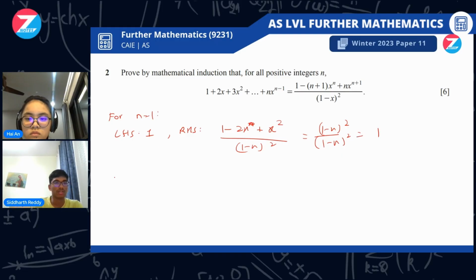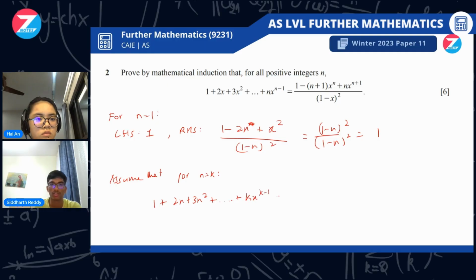Now we write the next statement, which is to assume that for n equals k, we have 1 plus 2x plus 3x² plus and so on plus kx^(k−1) is equal to (1 minus (k+1)x^k plus kx^(k+1)) divided by (1−x)². Basically, we just substituted k in the formula in place of n.